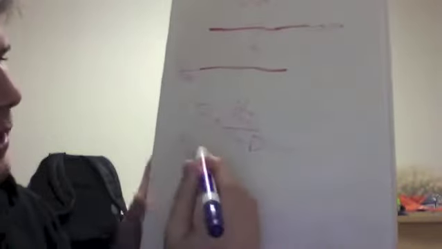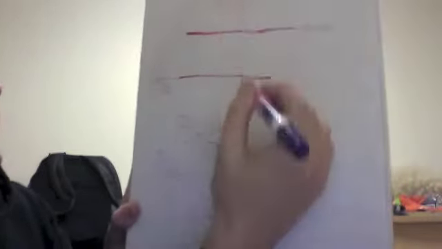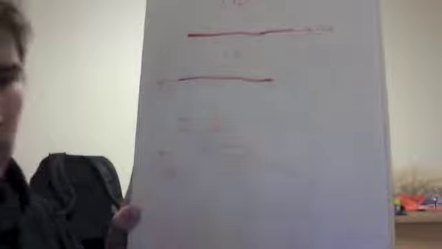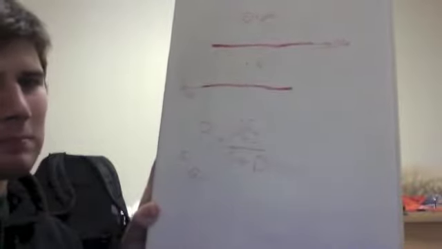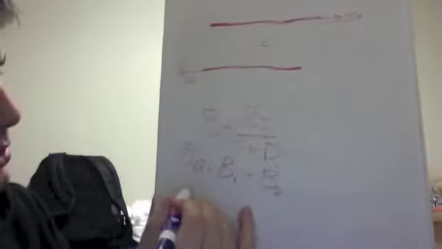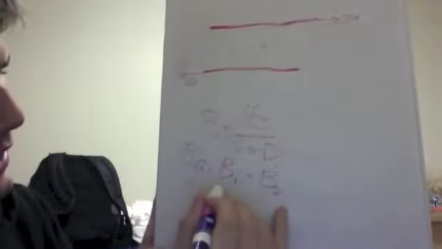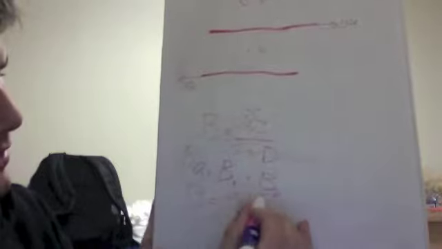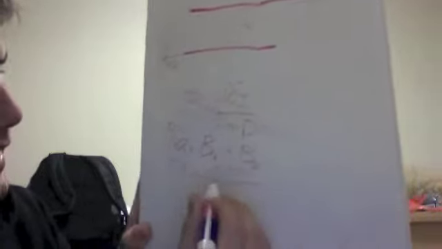So we can write that the magnetic field at A is going to be a combination of the magnetic field at wire 1 and the magnetic field at wire 2, which is going to be mu naught times 10 for I over 2 pi.